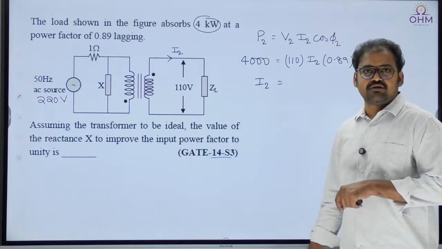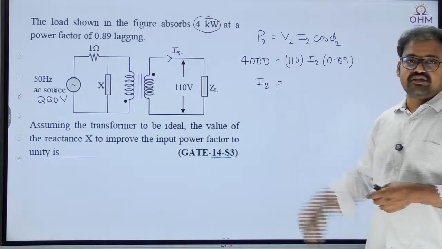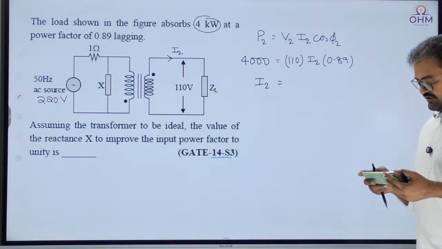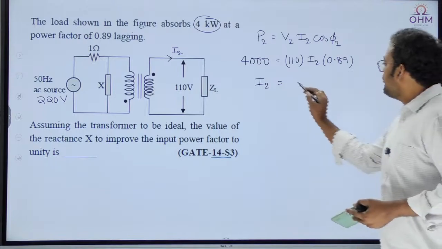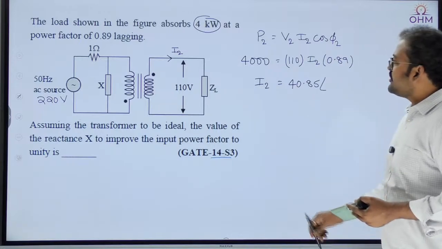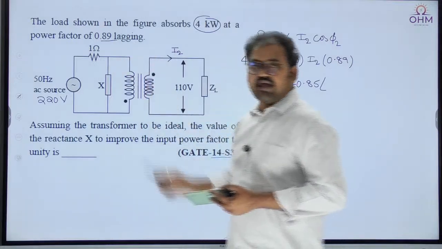Okay, so let me bring my calculator. You can also post me the answers in the chat box. So 4000 divided by 110 into 0.89 was 40.85 ampere, but I need to use the angle because the power factor was 0.89 lagging.